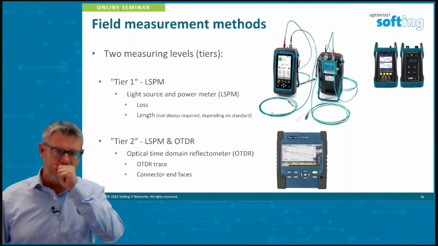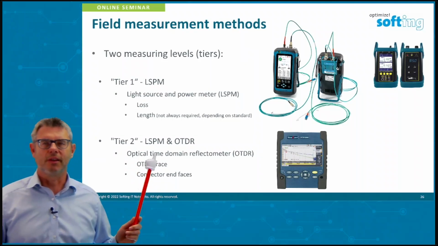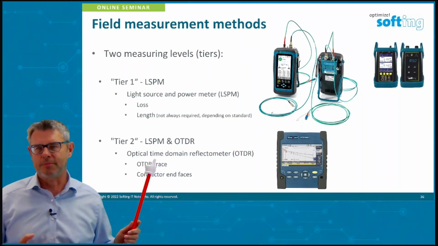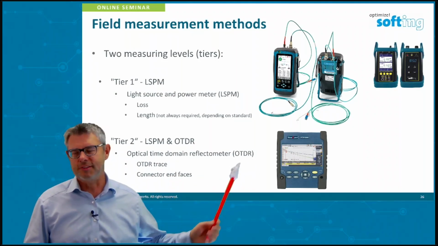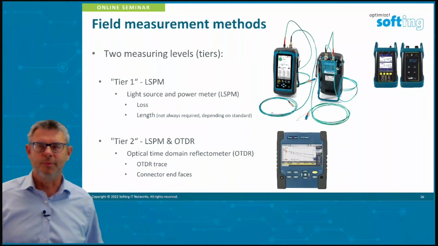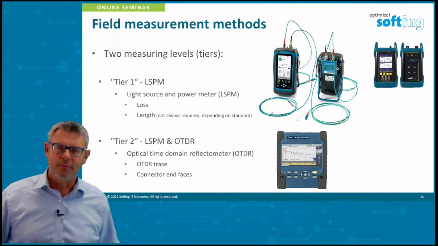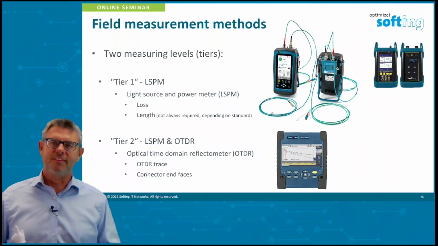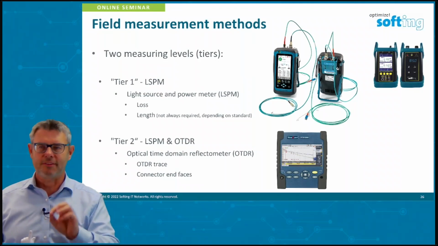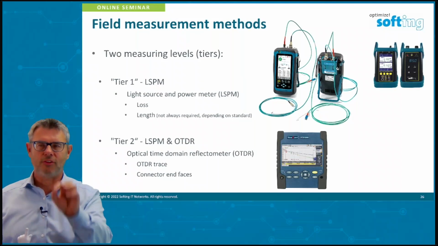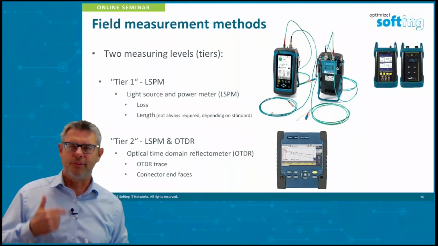Okay, tier two is a combination of loss measurement and power meter plus OTDR. So OTDR is here the hero of the measurement. And OTDR is an optical time domain reflectometer. It's sending out pulses in one end of the cable, and it's receiving reflections out of the cable from the same port, and it's analyzing the reflections coming out.